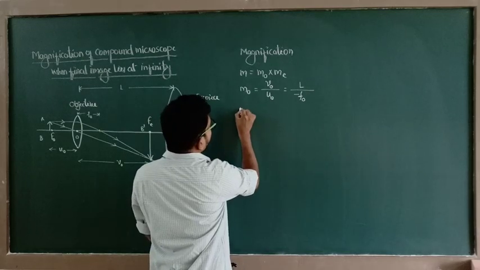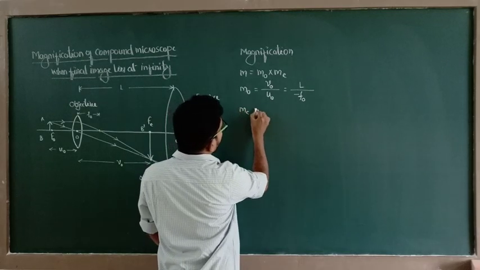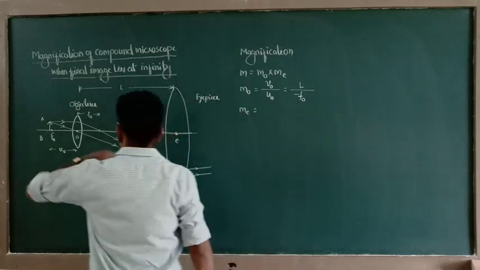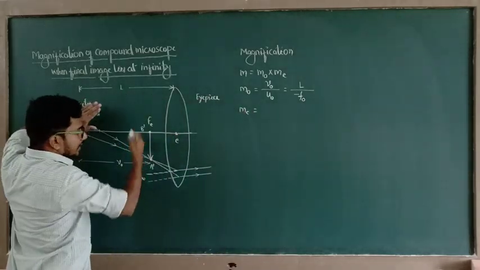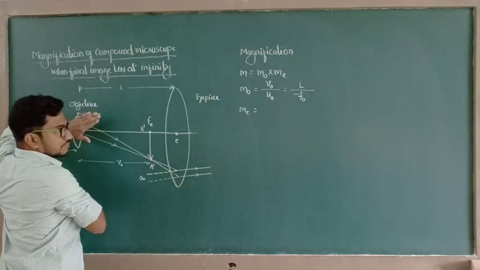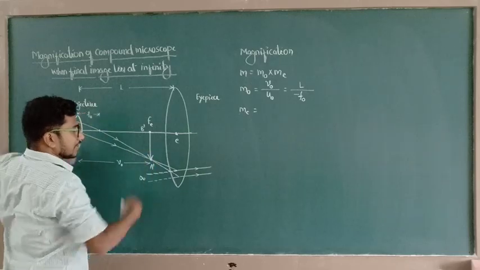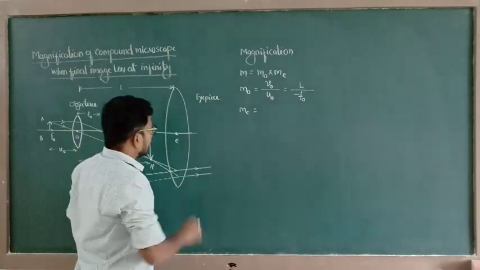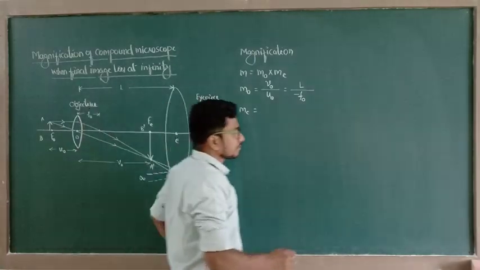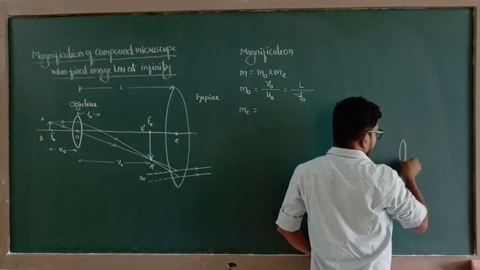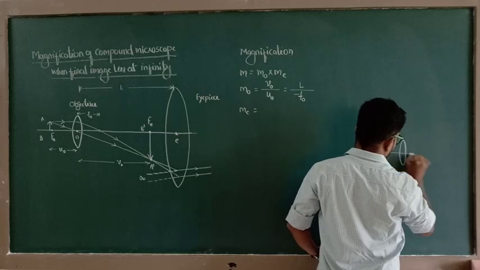Then the magnification of the eyepiece: again, this setup acts like a simple microscope. In the case of a simple microscope, the object is at the principal focus of a convex lens.